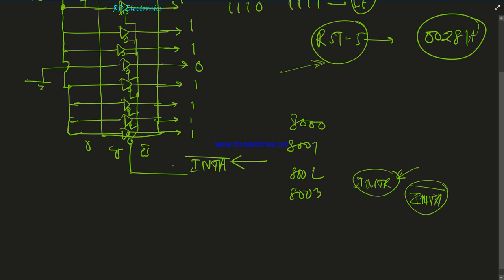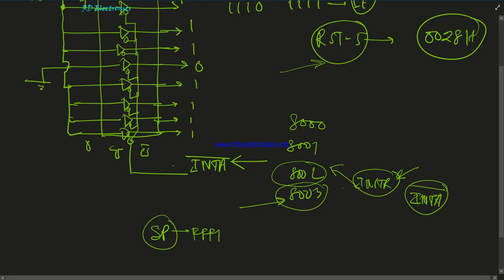Say INTR is placed when the microprocessor executes location 8002, and then the interrupt is acknowledged. Now 8003 is the address to be stored on the stack. If the stack pointer is at FFFF, then at FFFE it first stores the higher order address, 80, and then at FFFD it stores the address 03.